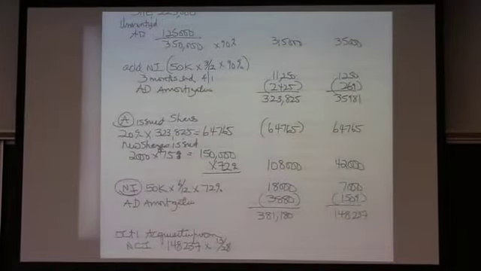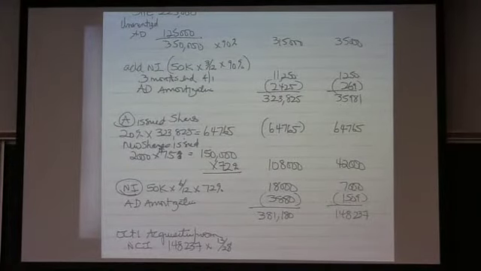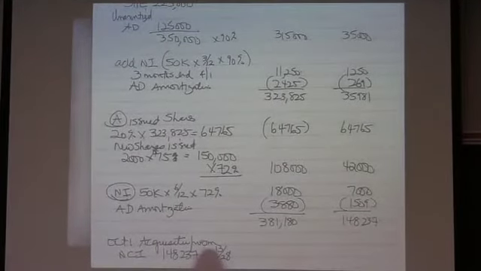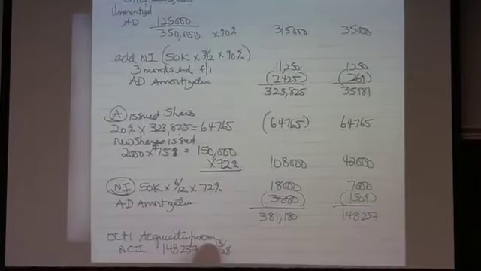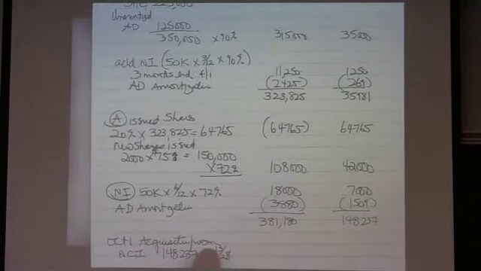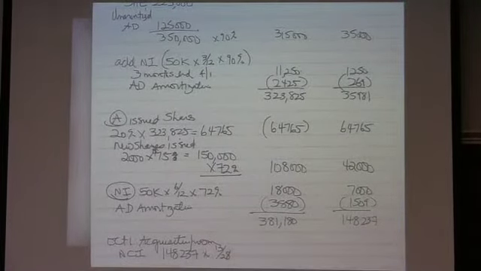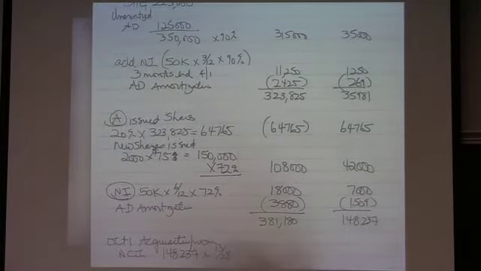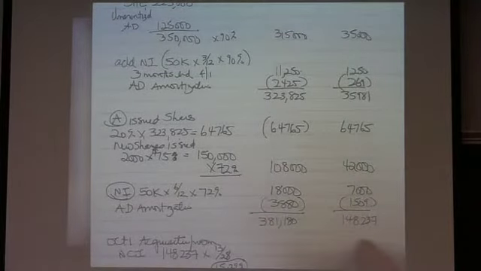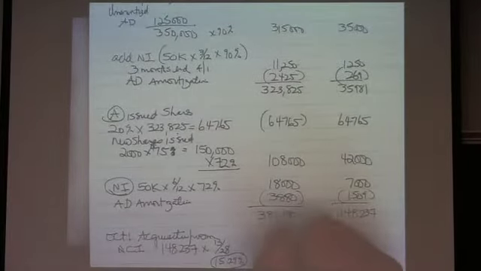And the 13 would be the difference between the 85 and the 72% ownership. So this is really like the 15.29% that we calculated. And that is just a transfer from the non-controlling interest to the controlling interest.